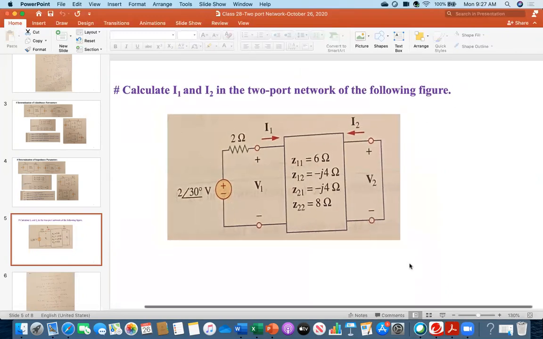So everybody just fill up that equation using the given parameters, and then see what values you are getting for ion and I2.